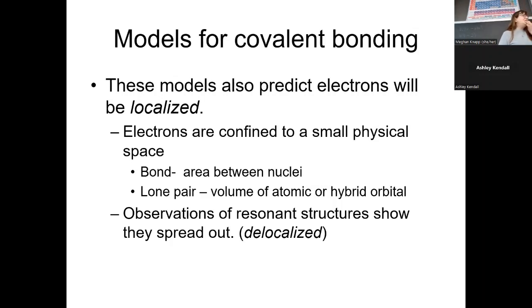Okay, so the orbitals predicted by valence bond theory are predicted to be localized, meaning that the electrons are either going to be in a lone pair or they're going to be between two atoms. They're not going to wander around. So we don't really deal with resonance very well with valence bond theory. We understand that it happens, but there's no particular kind of orbital that says this is a resonant orbital.